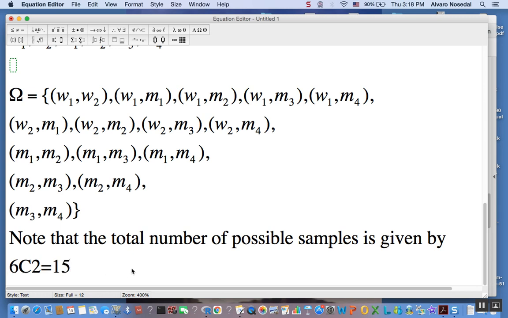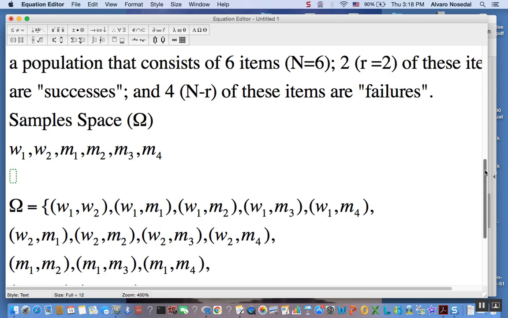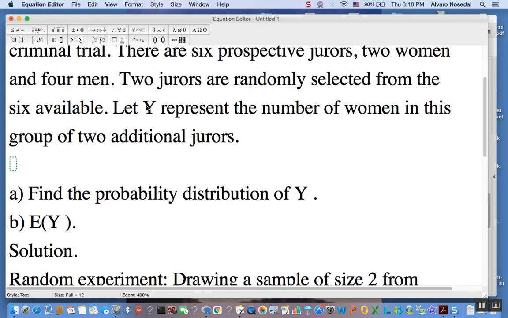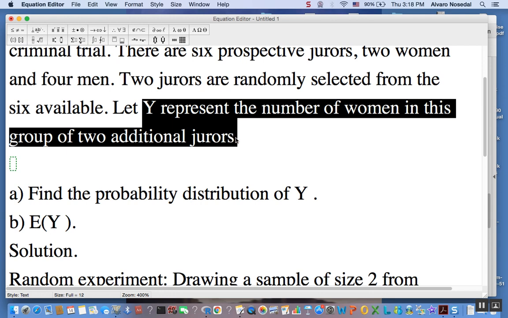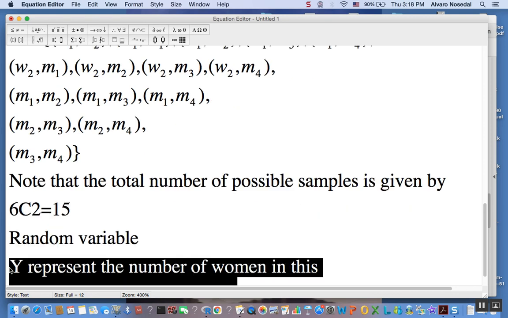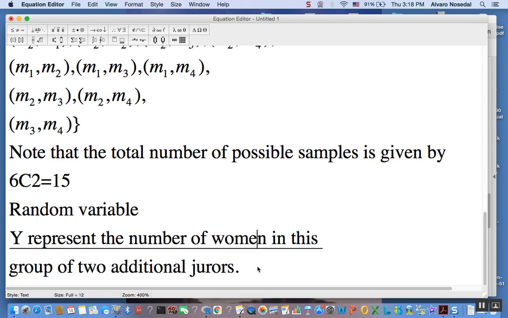Okay, so let's remind ourselves what y represents. Just going to copy and paste y, the random variable of interest, right? Random variable y is the number of women in this group, right?